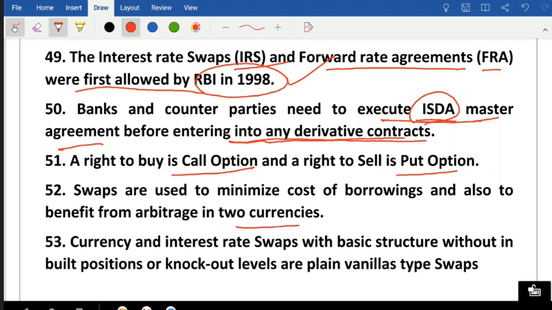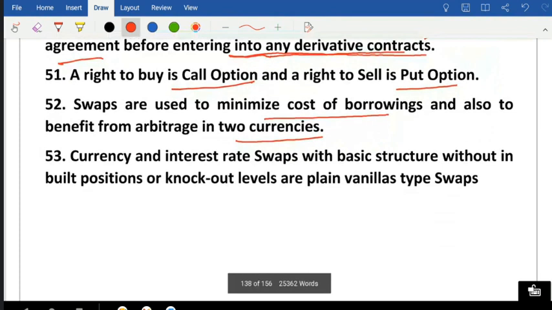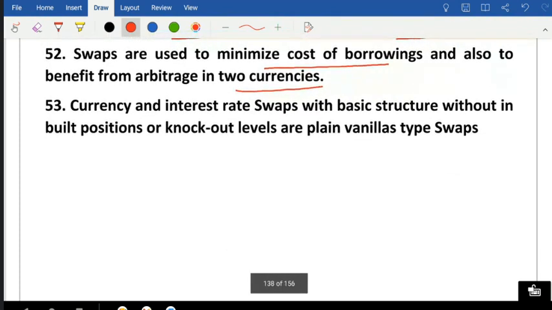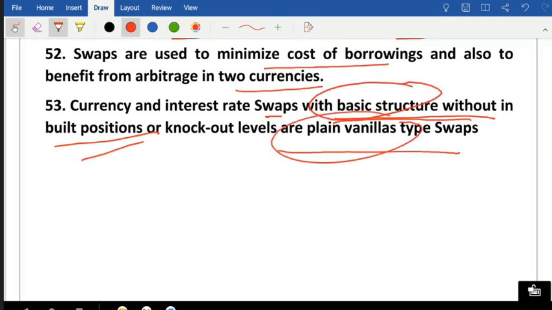Currency and interest rate swaps with a basic structure, without embedded position or knockout level, are plain vanilla swaps. Basic structure means only simple, so this is called a plain vanilla type swap.